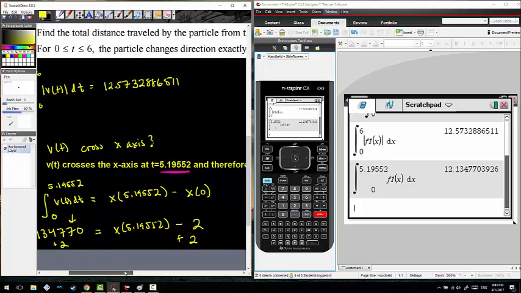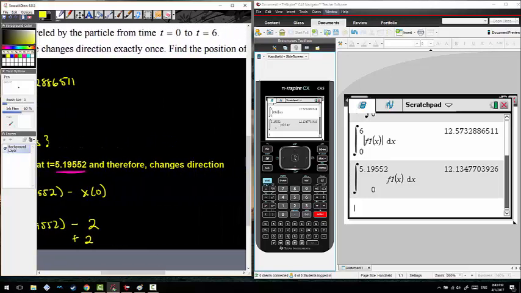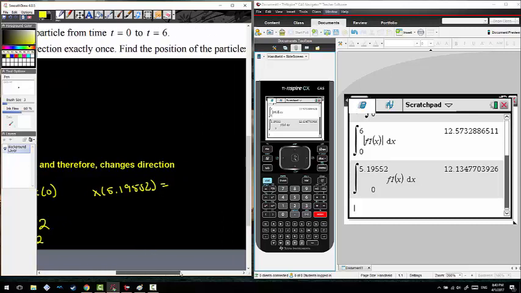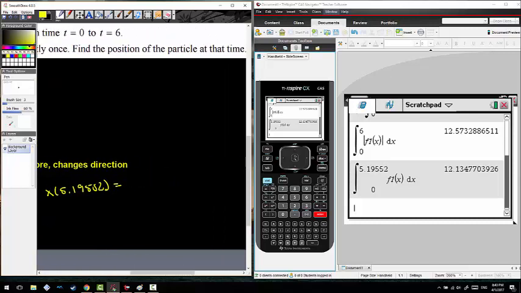And just as soon as I run out of space, I end up with x of 5.19552 equaling 14.134770, blah, blah, blah. And that is the position at the time that the particle changed direction. Hopefully that is clear to you. I'll see you in the next FRQ.